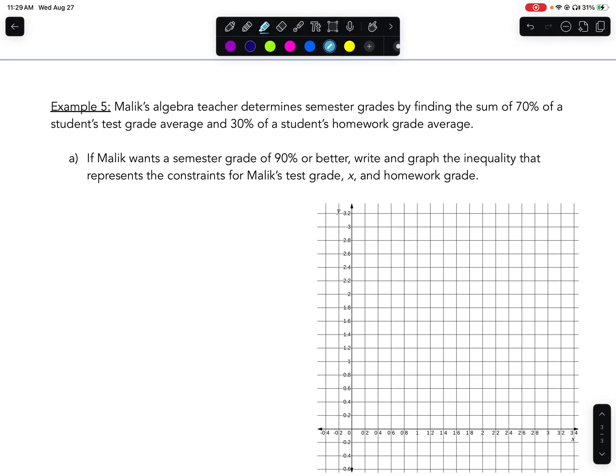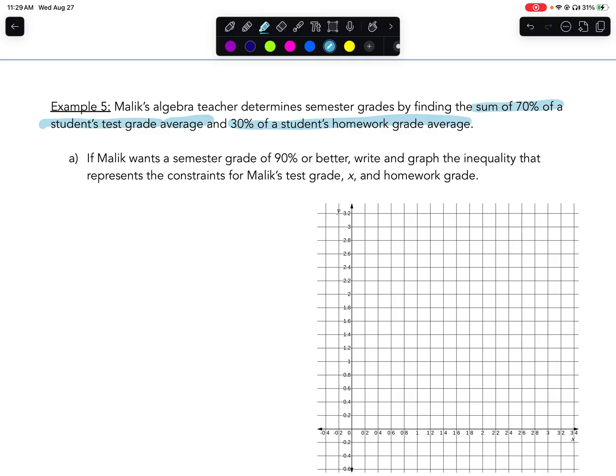Okay, example number 5. Malik's algebra teacher determines semester grades by finding the sum. So I like to highlight these. Sum of 70% of a student's test grade average and 30% of the homework average. So 70% tests, 30% homework.